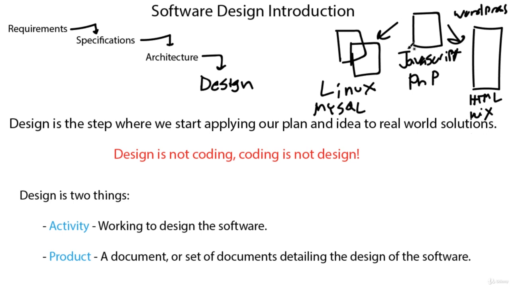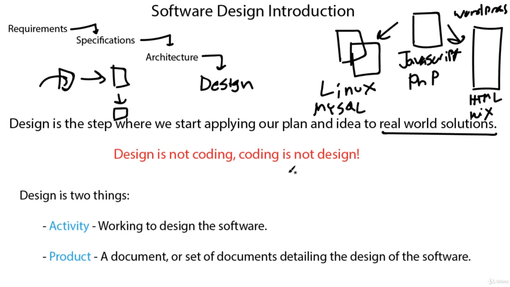So you can see that we've come up with this overall plan of how we wanted to set things up, even if it's more complicated with a whole bunch of boxes moving different ways. And now it's time to look into each one of these boxes and determine what is the real world solution that is going to solve that. Now, just like in the requirements where we didn't want to overstep our bounds, design has a limitation too.